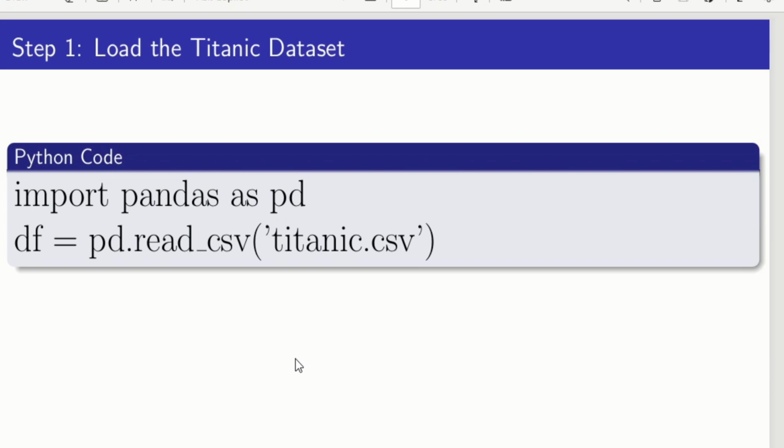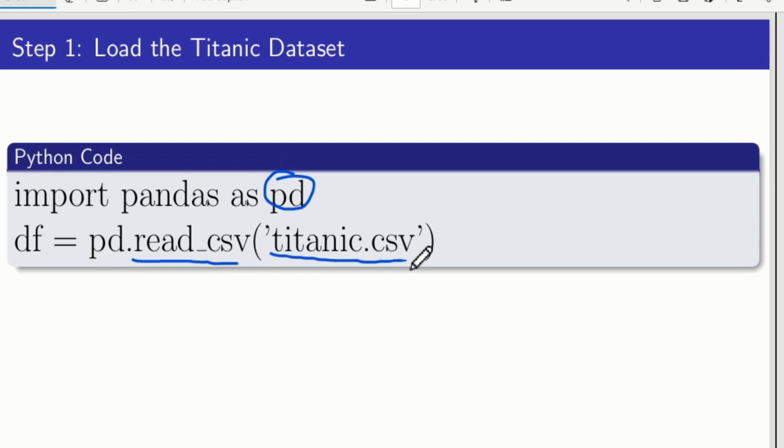So first of all, you will import the Pandas library, and using that object we can call the method read_csv, and we will pass the file name.